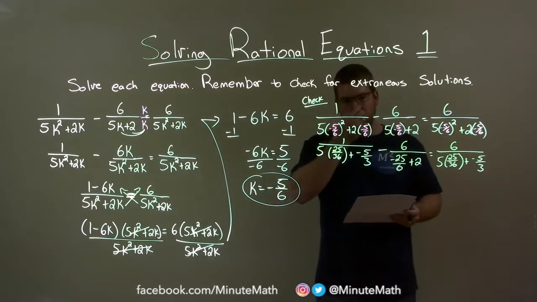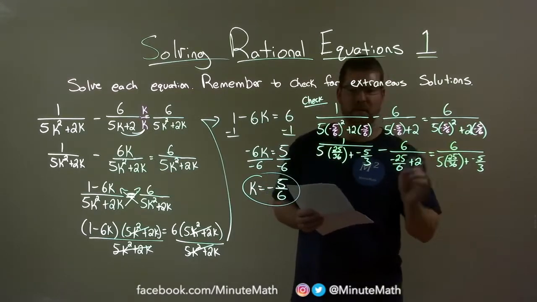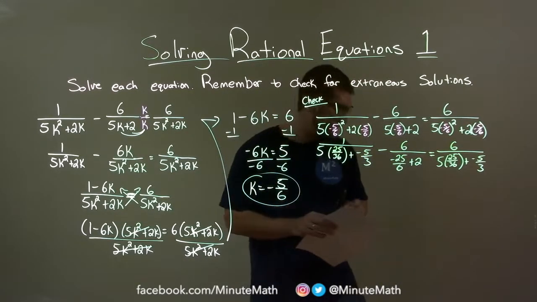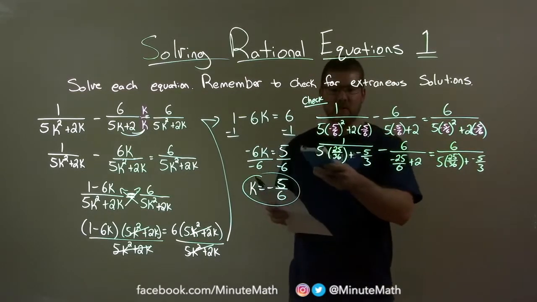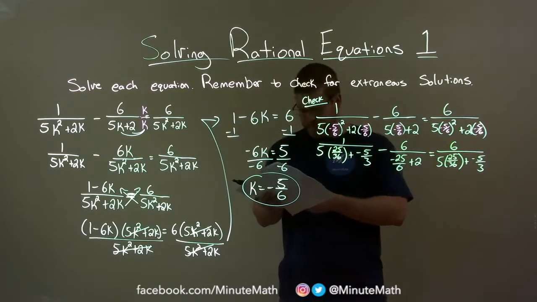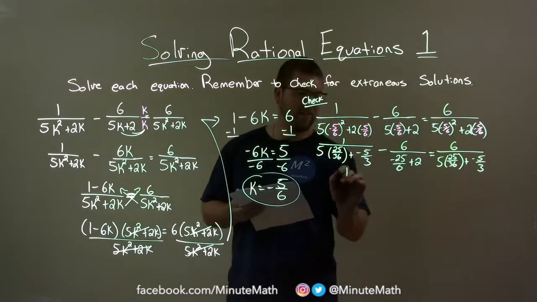So now let's keep going. We're going to keep trying to check to see if the right and left hand side are equal. I'm going to use my calculator to help me out here. We got some good fractions, but let's do 5 times 25 over 36. So 25 divided by 36 times 5, and as a fraction is 125 over 36. I don't know if it would simplify.